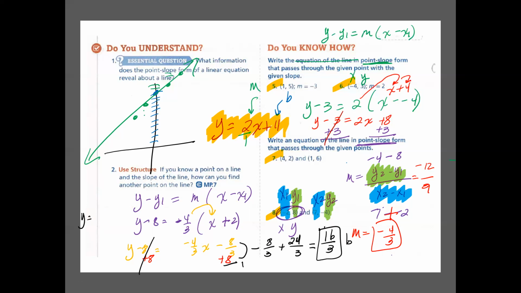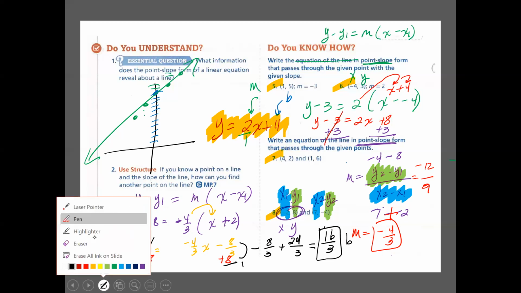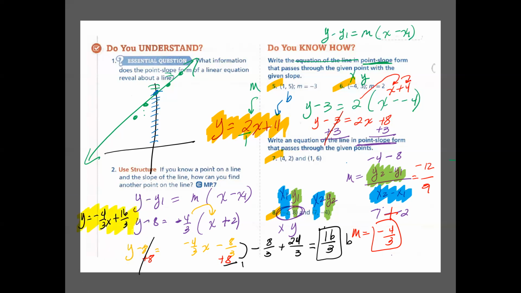So now that I have the two things I need the most, I have my slope, which is y is equal to negative 4 over 3x plus 16 over 3. And that, you guys, is your equation using the points negative 2, 8 and 7, negative 4.